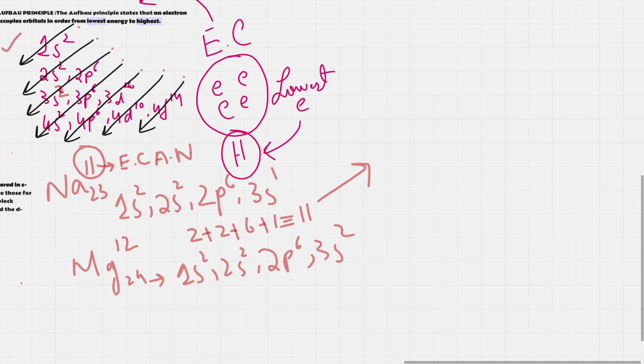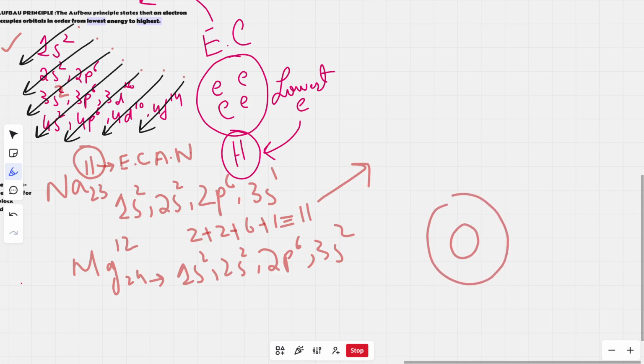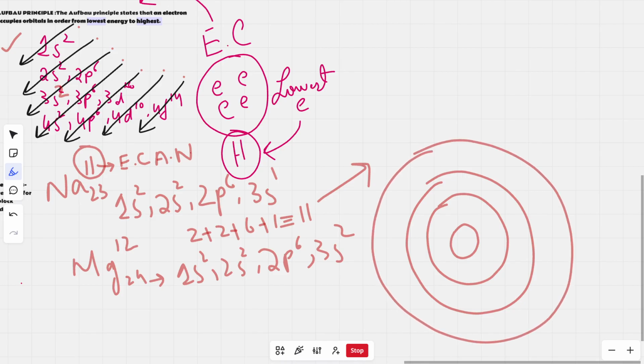For example, we'll be making one atomic structure, that is, it will be having a nucleus, then first shell, then second shell, then third shell. We are doing the atomic structure of sodium, right? Let's see how we will do it. It's pretty simple.